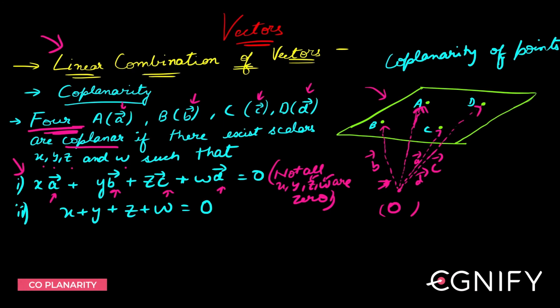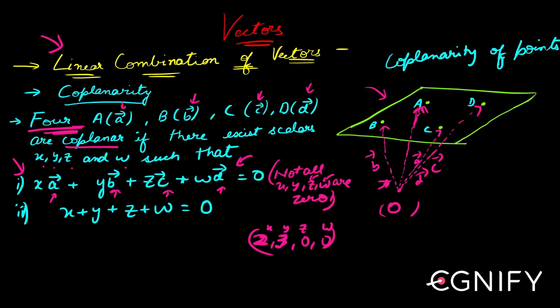Once again the same statement that I've been repeating: all of them can be 0, right? But that's not what decides whether they are linearly dependent or not. What decides whether they are linearly dependent or not is something like, can you have a 2, 3, 0, 0, like your x being this, your y being this, z being this, w being this? Can you have at least one of them non-zero and still make this expression 0? That is when you can call them linearly dependent, right? That's what I've been trying to explain.